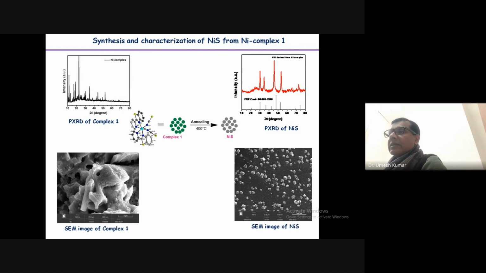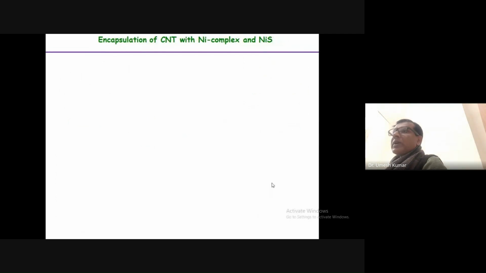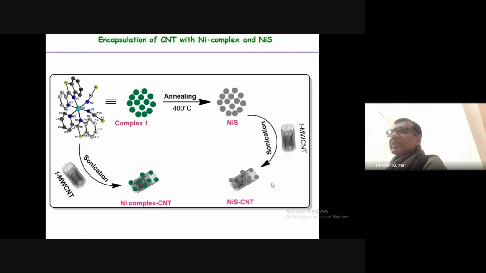And we have seen very good SEM images, like this nickel sulfide, a diamond type of nickel sulfide is here, while the complex is now a nanoparticle type of material. After that, we supported these materials, the nickel complex as well as the nickel sulfide nanoparticles, on functionalized carbon nanotubes. And then we synthesized the nickel complex with CNT as well as the nickel sulfide CNT materials.